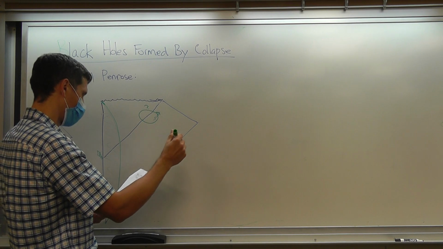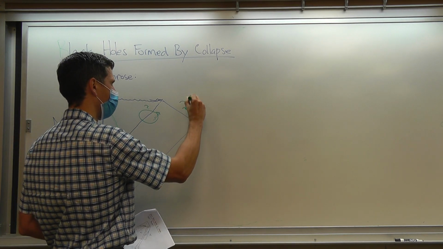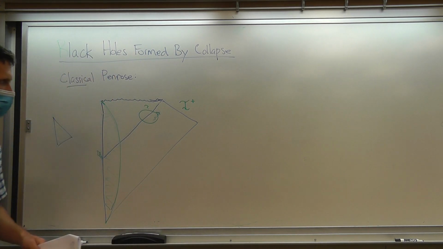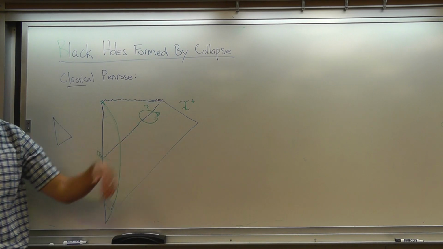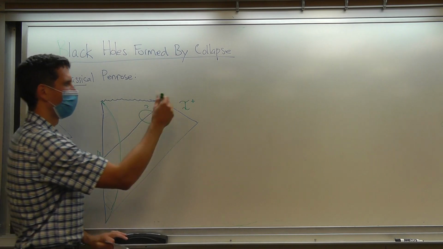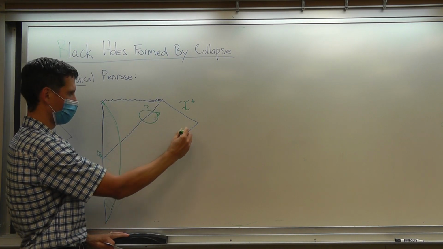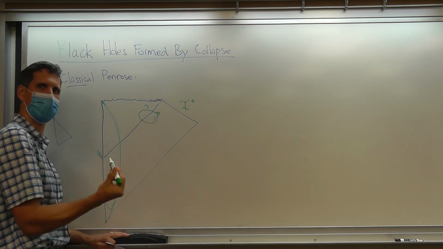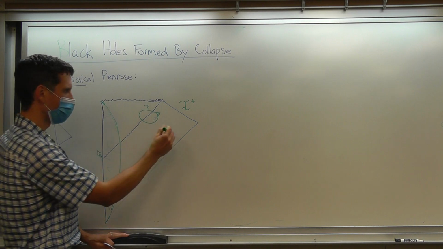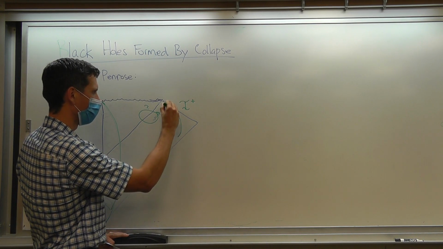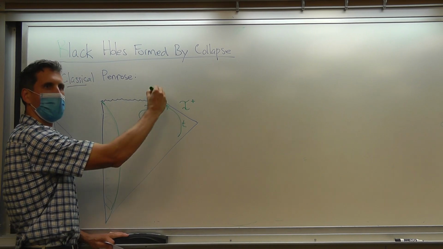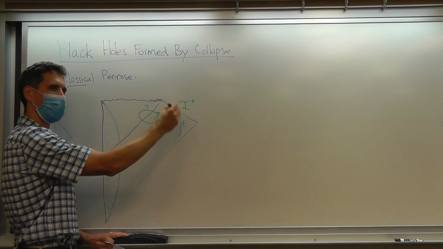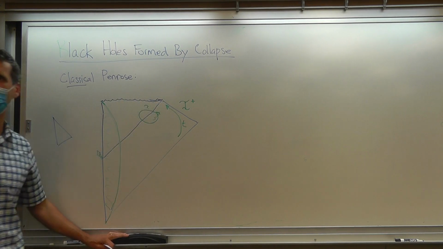I should label some more things on here. This up here is Scri plus. That's future null infinity, where light goes. And if we think of ourselves as living far away from the black hole, which I like to think of myself as doing, then we live somewhere out here, and we're traveling in the t direction, or sitting still.